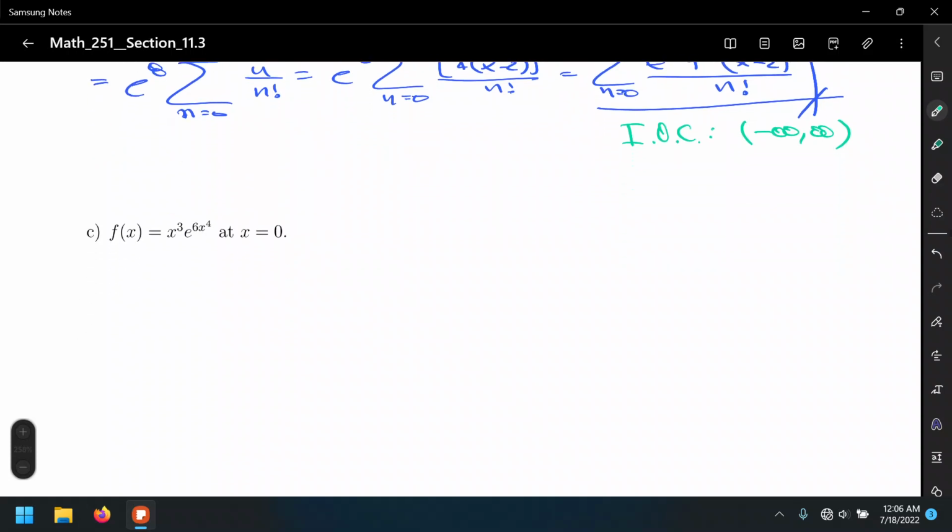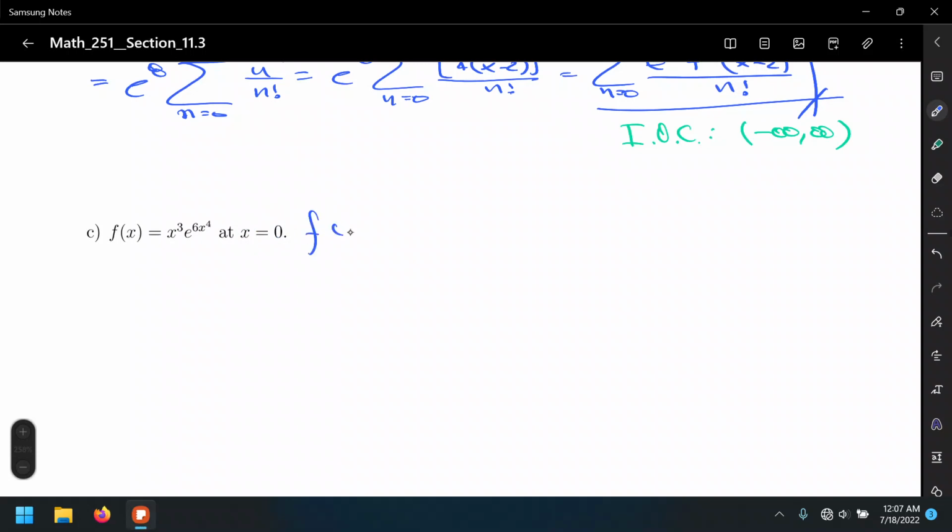Alright, so let's do another one. f of x equals x cubed e to the 6x to the 4th power. Do you really want to take derivatives for this? A lot of product rules and a lot of evaluation, but no thanks. The good thing is this is centered at 0, which is fine.